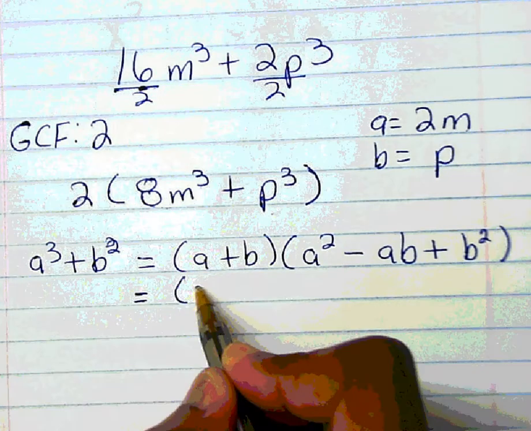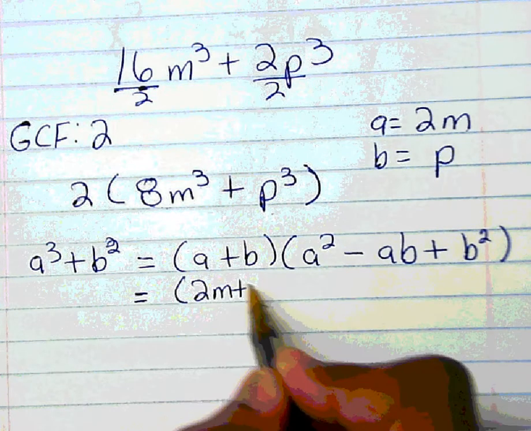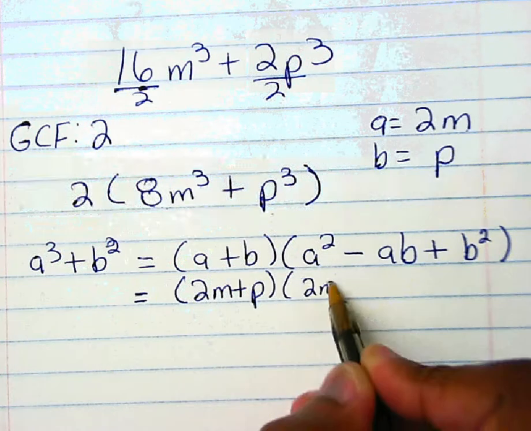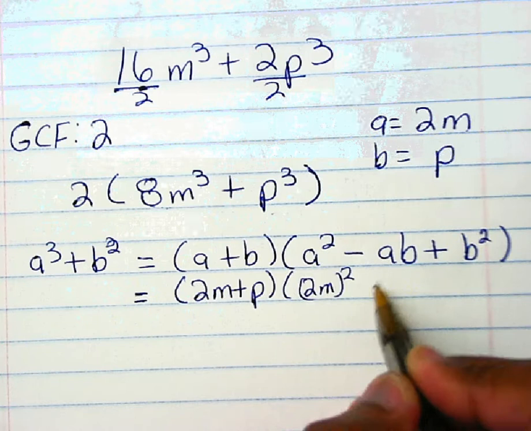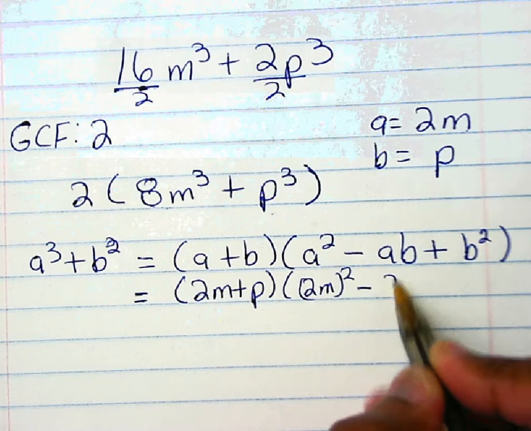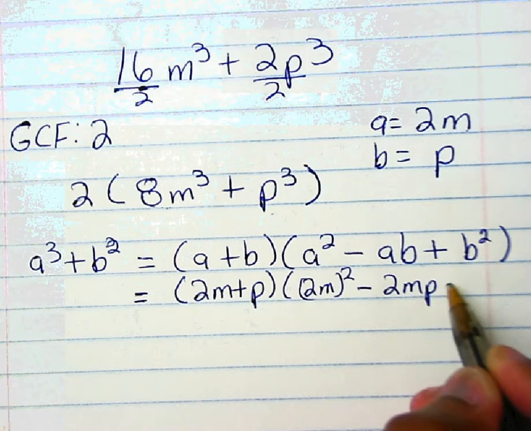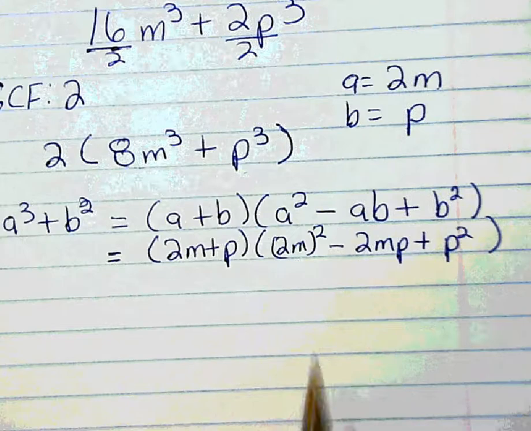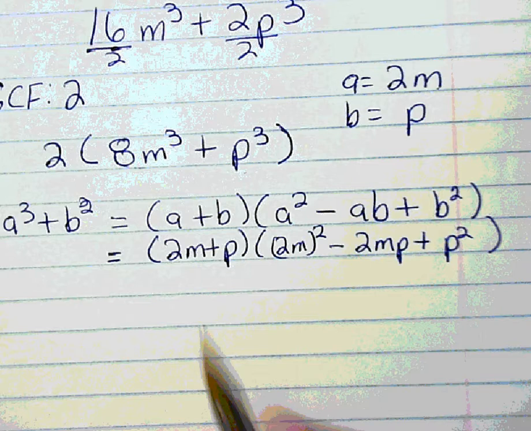So I have 2m plus p times 2m squared minus 2mp plus p squared. Now I want to simplify this expression here.